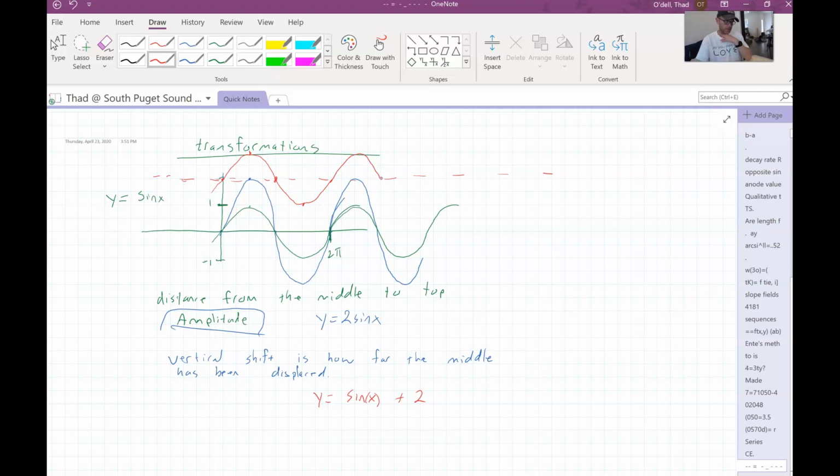Okay? So that's called a vertical shift. So that's the two things we can do on the outside. We can multiply or divide on the outside, and we can add or subtract on the outside. Multiplying is going to stretch everything, which gives us a new amplitude, and adding or subtracting is going to shift everything, which really gives us kind of a new middle.